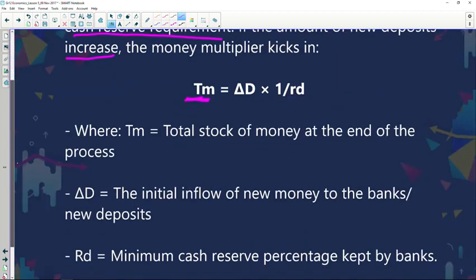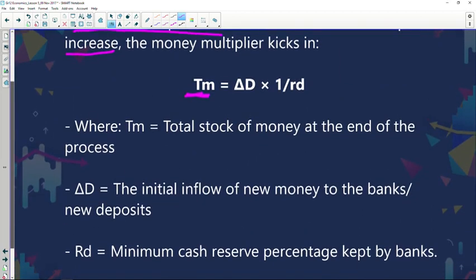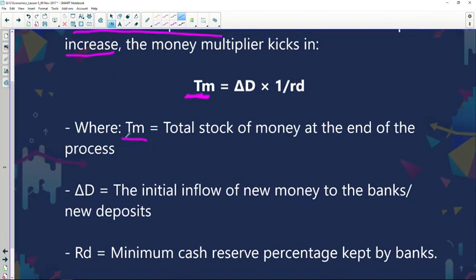Okay, so let's have a look at our formula over here. TM is our total stock of money at the end of the process. The aggregate demand will equal the initial inflow of new money to the banks, or new deposits. And RD will be our minimum cash reserve percentage kept by the banks.